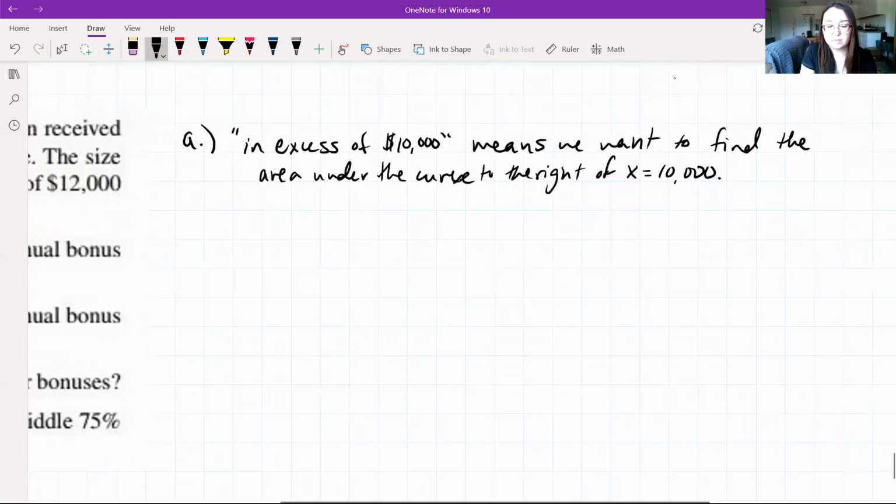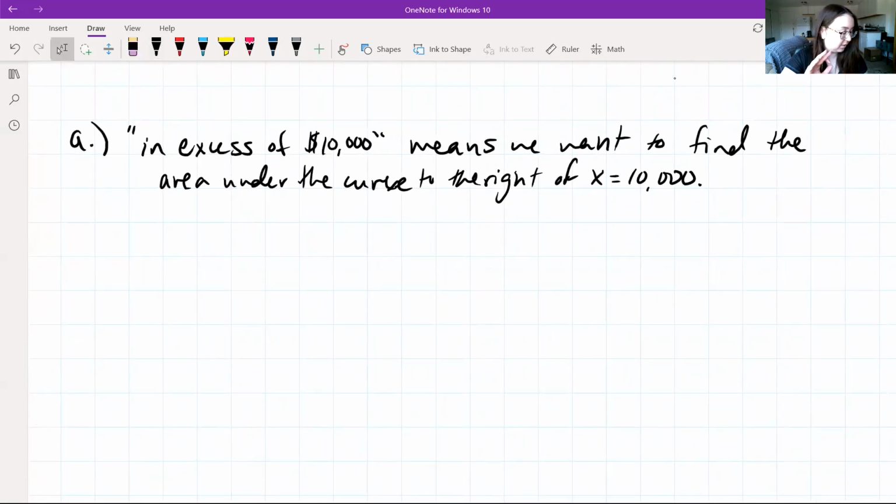All right, so we need to find this value.